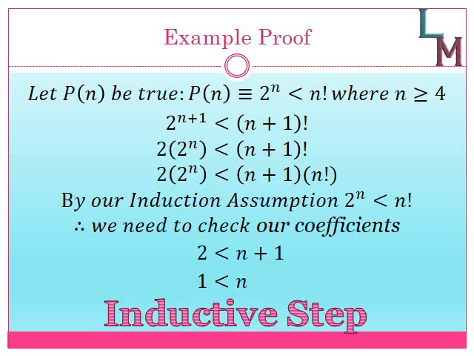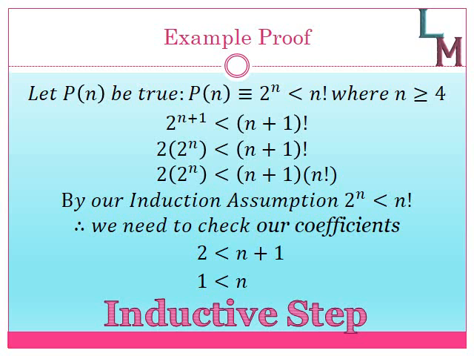Cool beans. So we have something, and the more I look at it, the more I realize my P of n is in here. I see that 2 times 2 to the n is less than n factorial times n plus 1. Well, again, from my induction assumption, I already know that 2 to the n is less than n factorial.